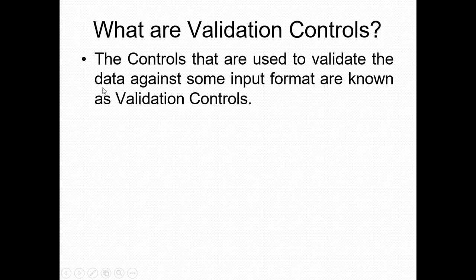What are the validation controls? The controls that are used to validate the data against some input format are known as validation controls. Like when you are going to apply validation to a text box, the data which you enter should be in a proper format.